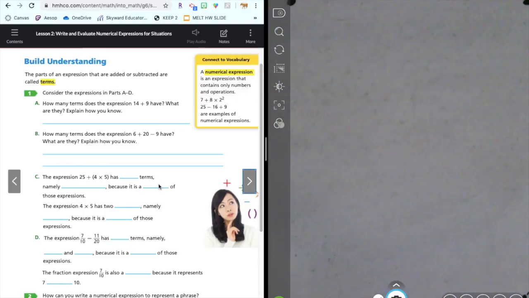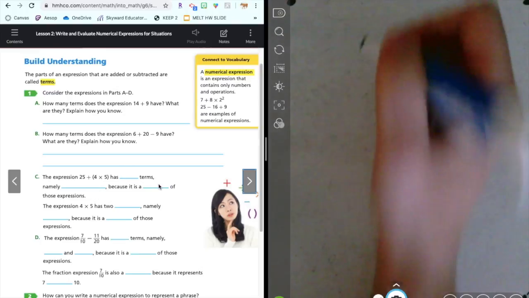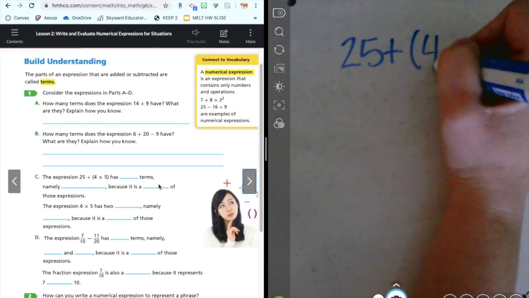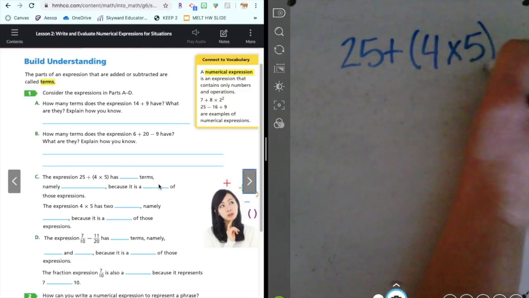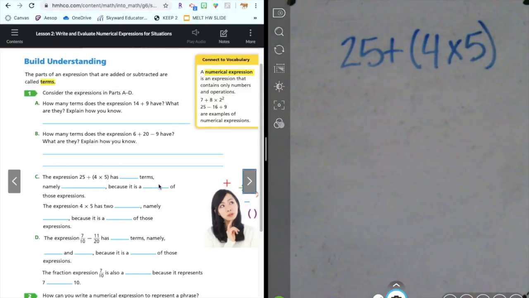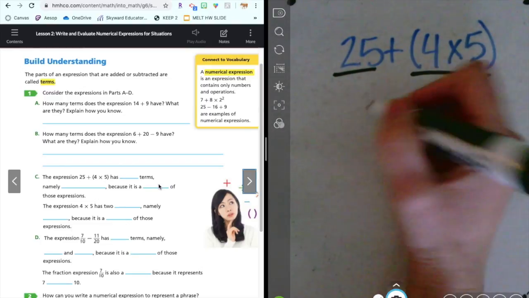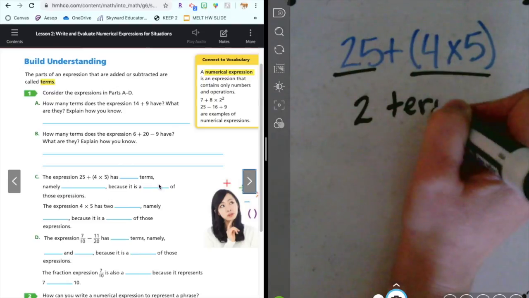The expression 25 plus 4 times 5, notice there's parentheses there, has blank terms. So let's see here. How many terms does it have? Well, remember, terms are when they're being added or subtracted. So I have a 25 being added and that being added. So there's only 2 terms here.